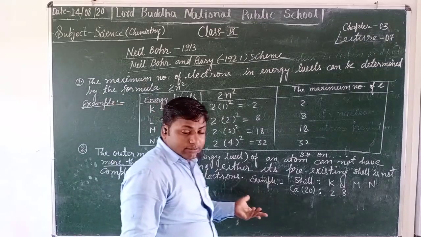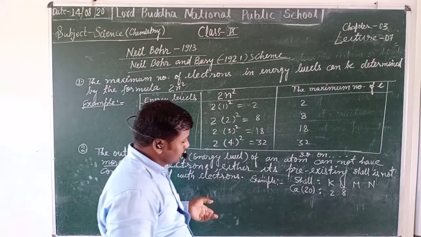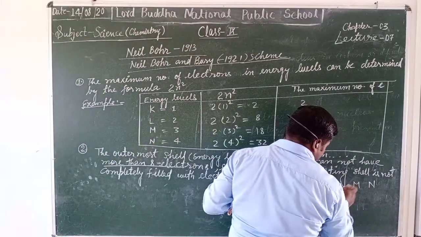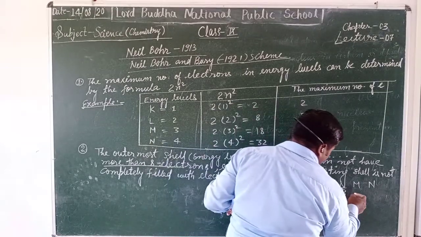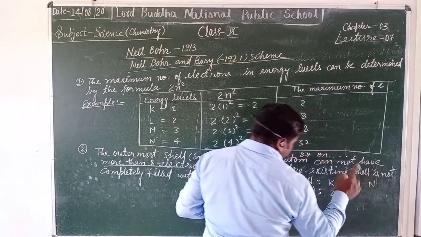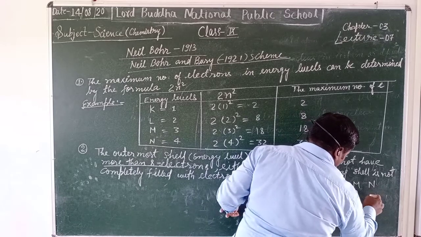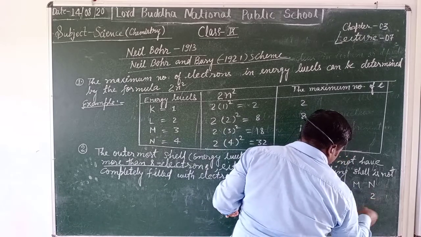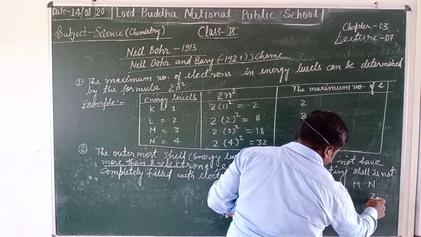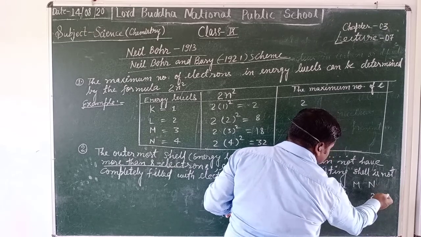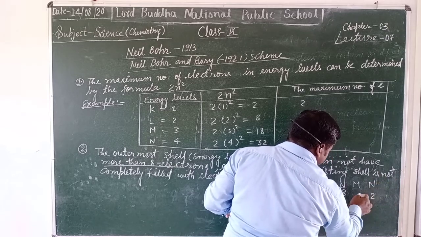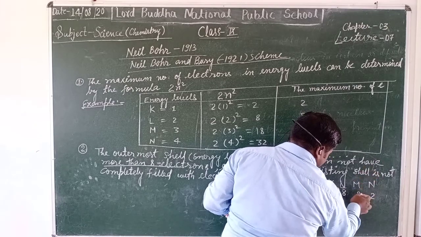Then what is done in this electronic configuration? There may be 2 electrons in the outermost cell, and the remaining electrons are filled into the pre-existing cell.